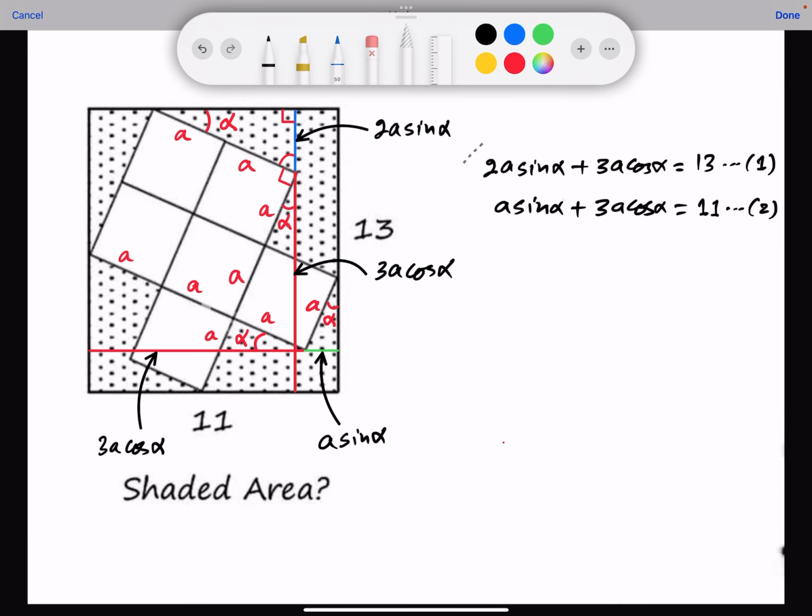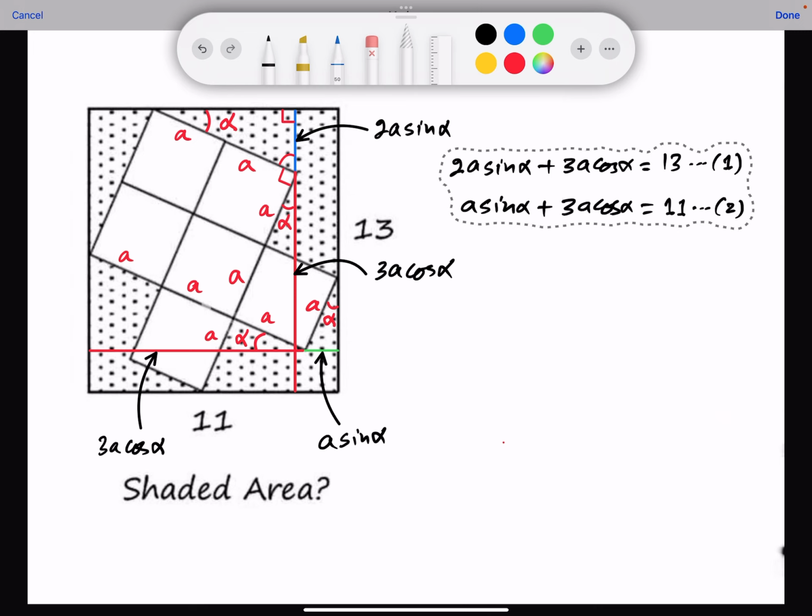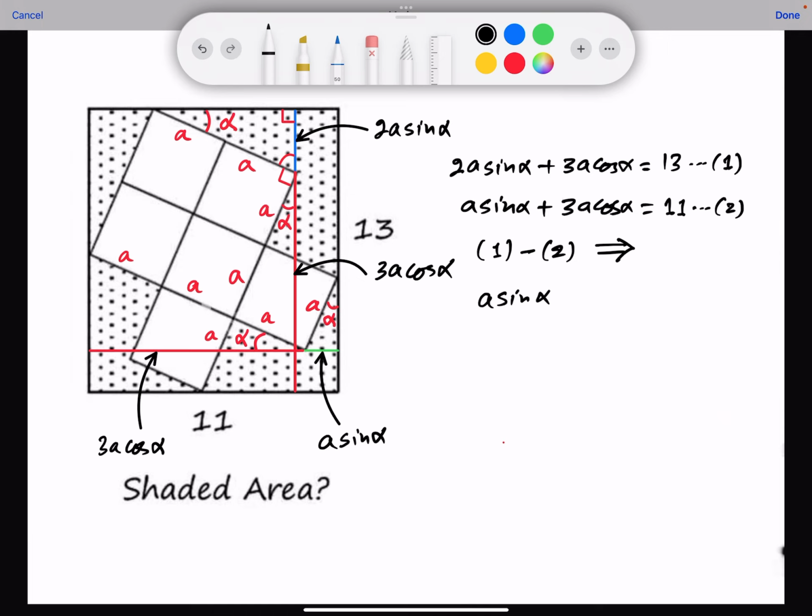Now, let me move these equations a little bit to the left. Okay, so now I'm going to subtract equation 2 from equation 1. So equation 1 minus equation 2 is going to give us A sine alpha, and 3A cosine alpha is going to cancel out with 3A cosine alpha, and 13 minus 11 is going to give us 2, and I will call this equation number 3.